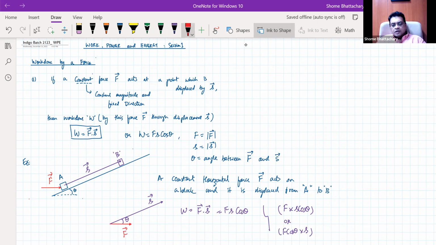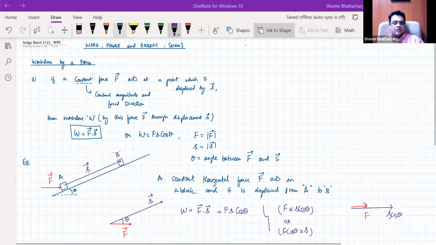If I look at S cos theta here, what is S cos theta? If this is the force F, this component of the displacement is S cos theta. The component of that displacement vector along the direction of force, that will be my S cos theta.